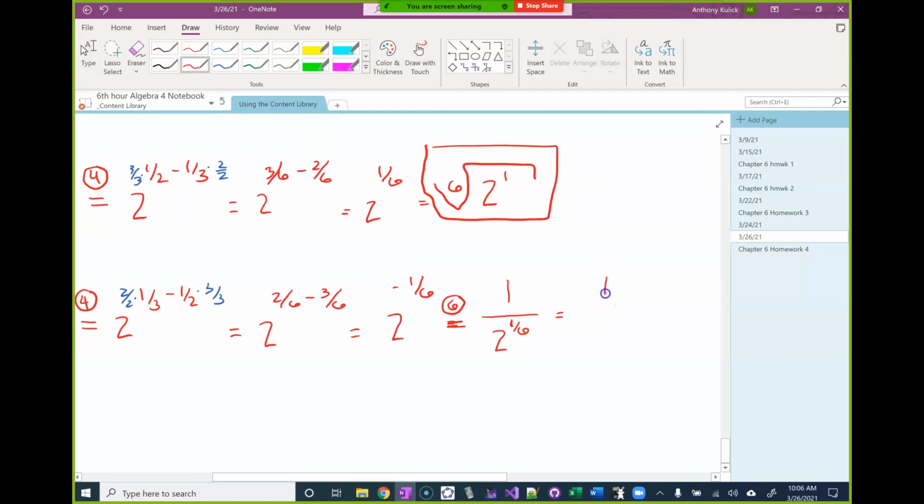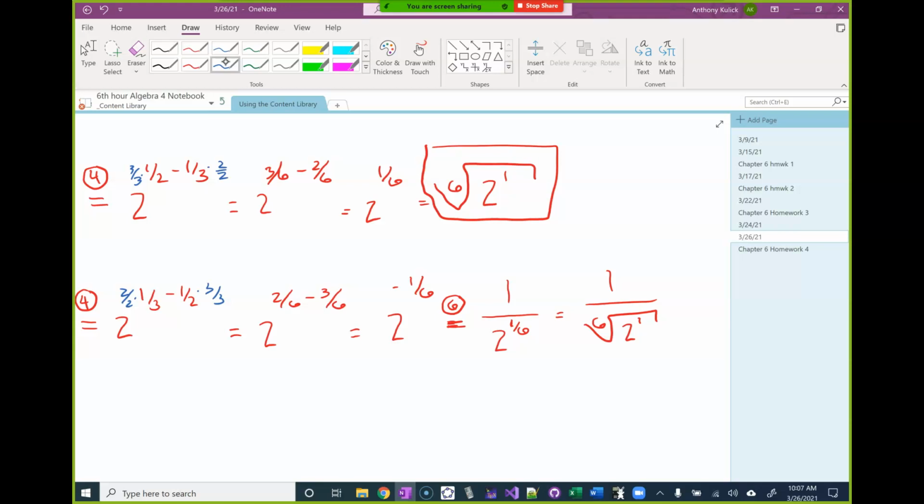Now I'm going to convert this back into my radical form. And oh, fiddlesticks. I have a radical in the denominator of my fraction. So we have to rationalize that now.